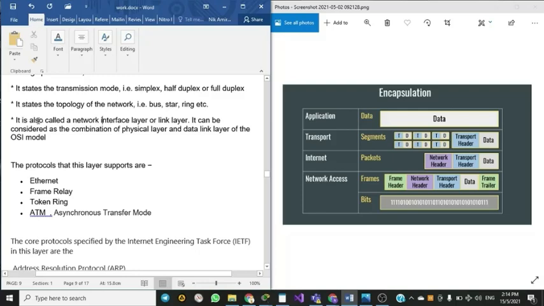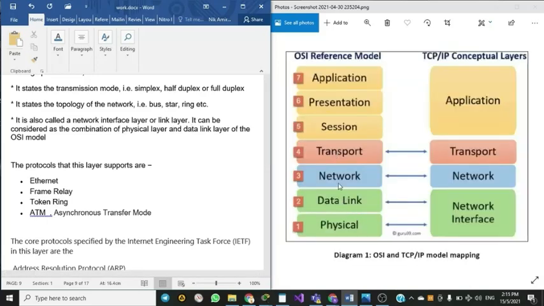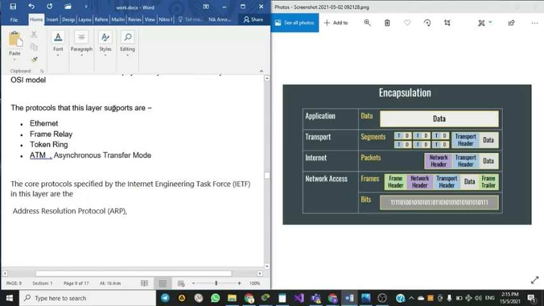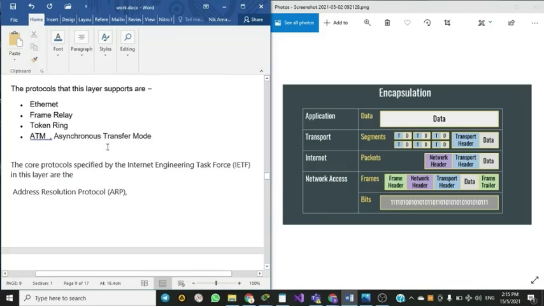It's also called the network interface layer or link layer. It is considered a combination of the physical layer and data link layer of the OSI model. The protocols in this layer support Internet, Frame Relay, Token Ring, and ATM, asynchronous transfer mode.